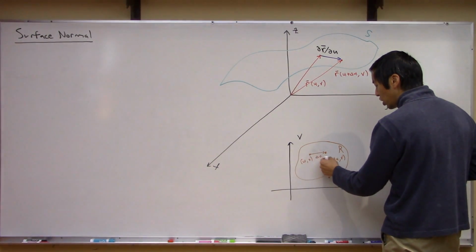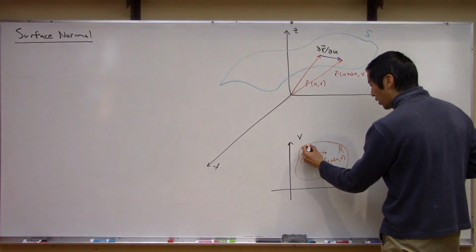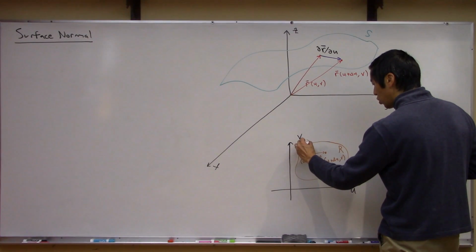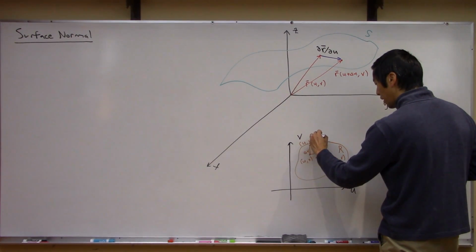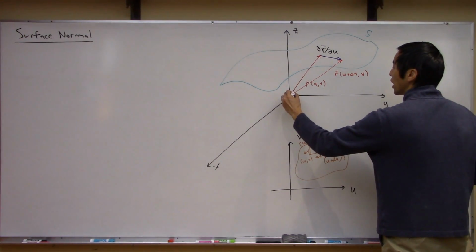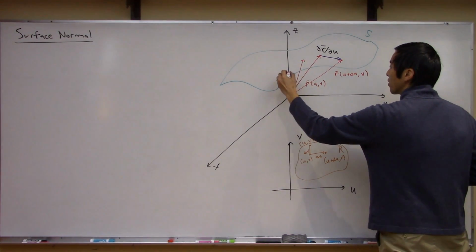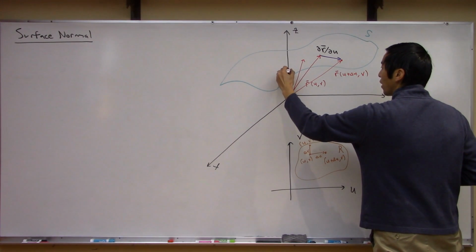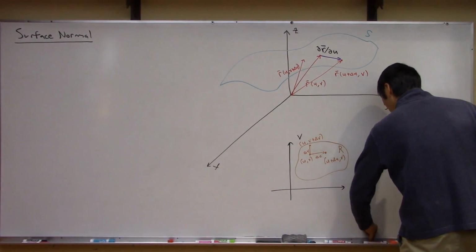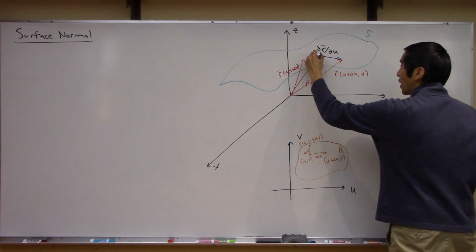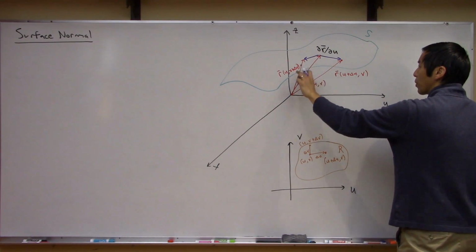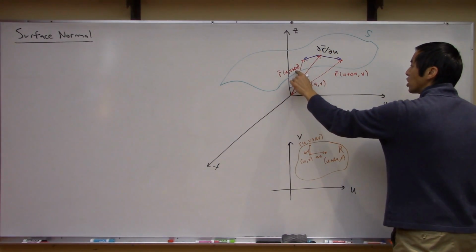Now, you can do the exact same thing down here. What if instead of changing u, I changed v? What if I moved up here by some delta v? So now this point is u and v plus delta v. This is going to change in some other direction. So this is now r of u and v plus delta v. So now you have this other changing direction vector, showing how your parameterization has changed by changing v.